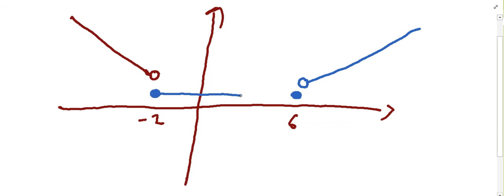So this graph will simply pass like that. But remember to indicate your 8 there to avoid being penalized. So this is just the graph which we were asked to sketch.